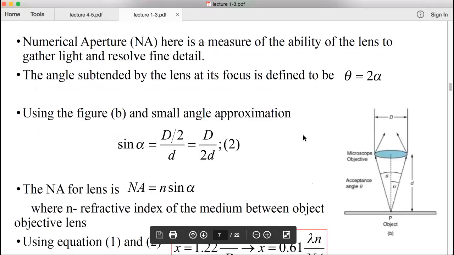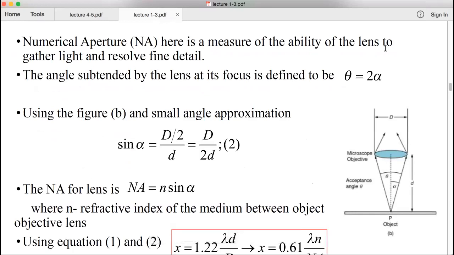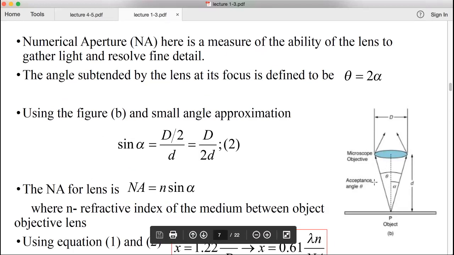So when we are dealing with optical microscopes and lenses, we always talk about this term, numerical aperture. Numerical aperture basically gives you an idea about a measure of the ability of the lens to gather light and resolve fine details. So if you look at this, you have a microscope objective, it's a lens.